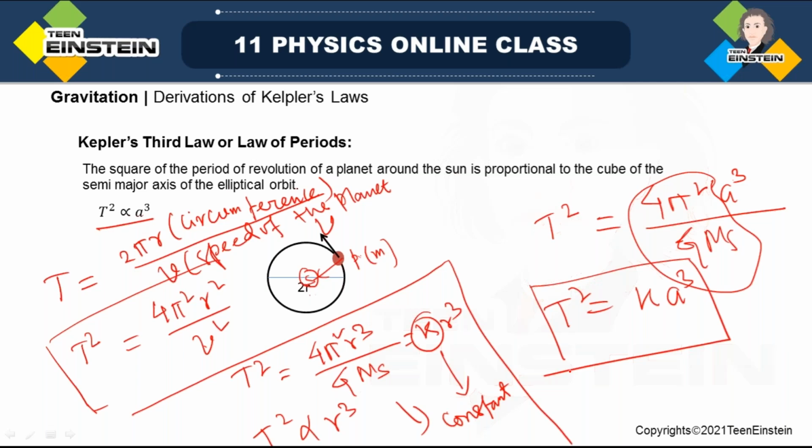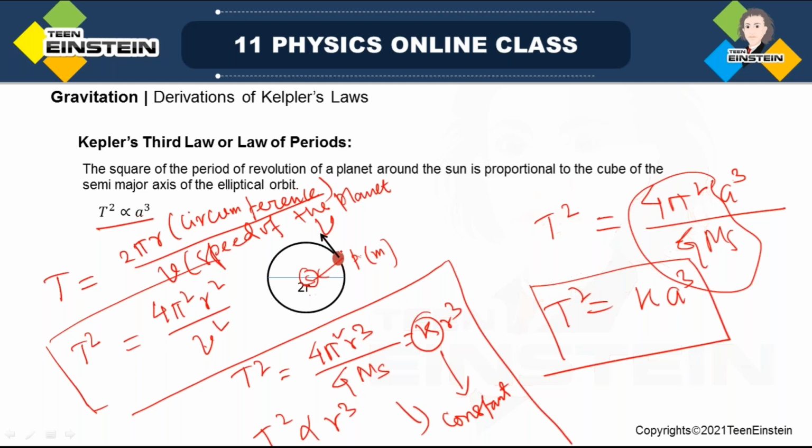Okay, so what we have done is we have first considered the circular motion of the planet, and for the circular motion, the planet has to be supplied centripetal force, and that centripetal force is actually coming from the gravitational attraction by the sun onto the planet.